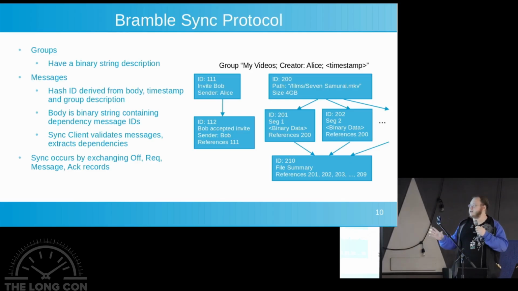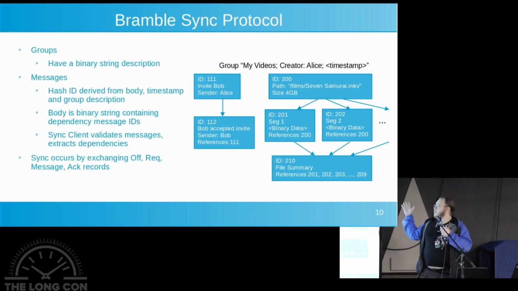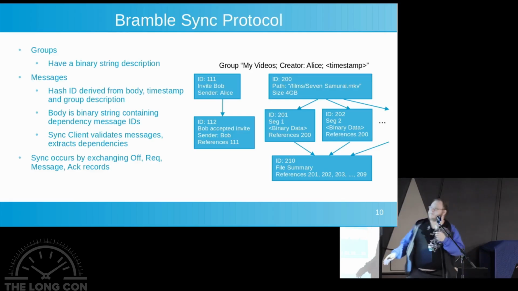That might have seemed a little bit abstract, so here's an example. There's kind of problems with this design, but bear with me. This is how you might implement a file system using the Bramble sync protocol. Alice decides that she wants to share some videos, so she creates a group with the title My Videos, but the description is just this whole string.